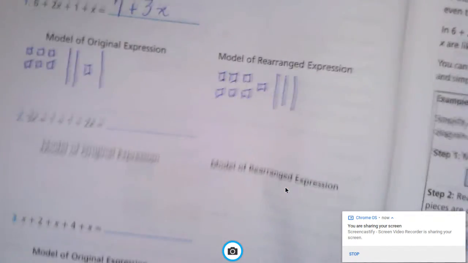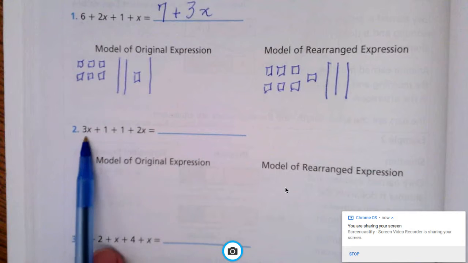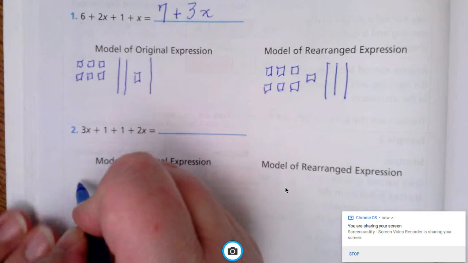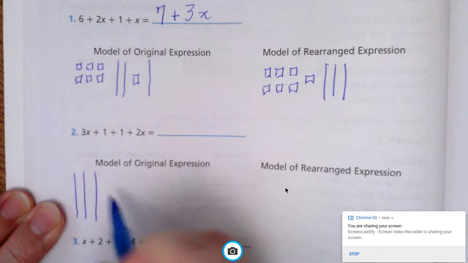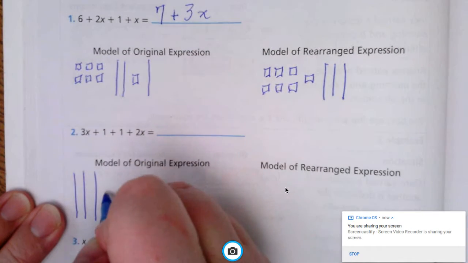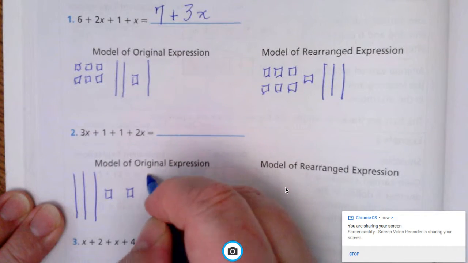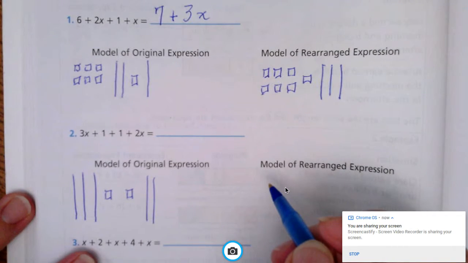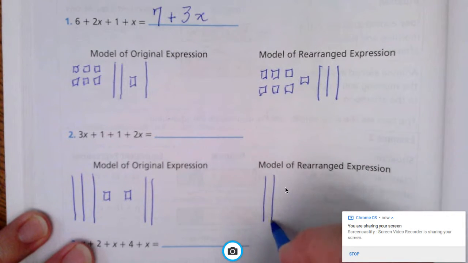Here we have three of those long x's, so maybe it would help us to go ahead and draw it first. I have 3 of those, plus a single one, plus another single one, plus 2 more of the x's. So I'm going to rearrange these. This time I'll put the long ones first.